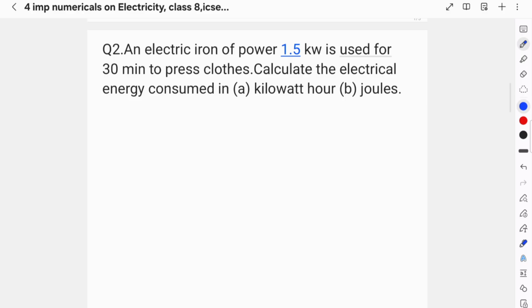The next question says, an electric iron of power 1.5 kilowatt is used for 30 minutes to press clothes. Calculate the electrical energy consumed in kilowatt hour and also in joules.